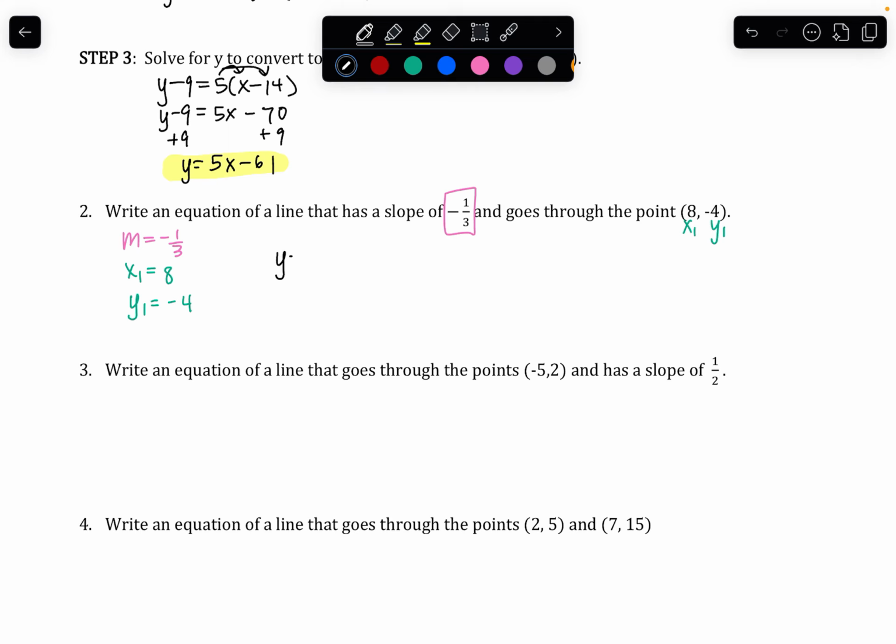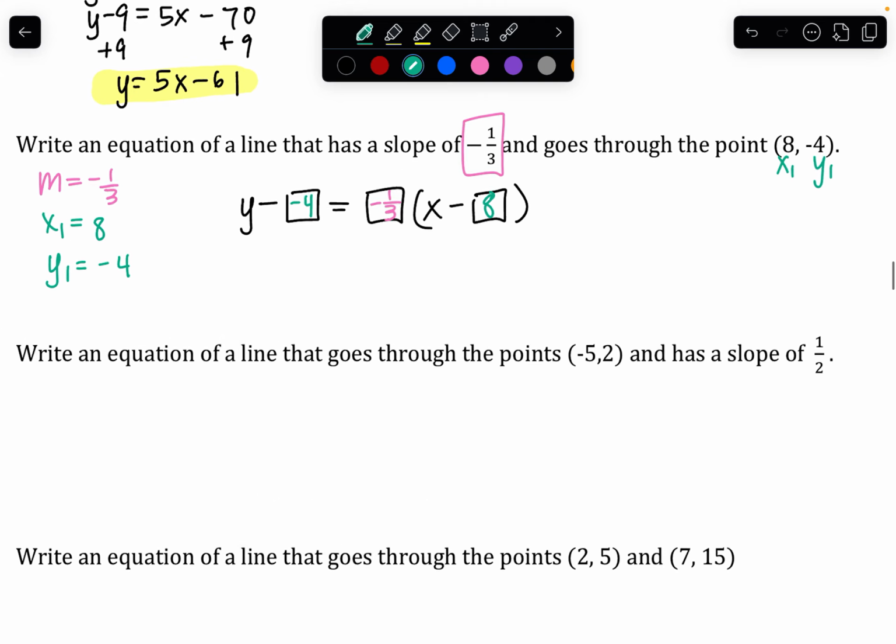So set yourself up, y minus the y equals m parenthesis x minus the x. M goes in front of the x. The x-coordinate goes inside the parentheses with x. The y-coordinate goes with y. Notice we have a minus negative situation. Anytime you see a minus negative, you need to simplify your answer to y plus 4.